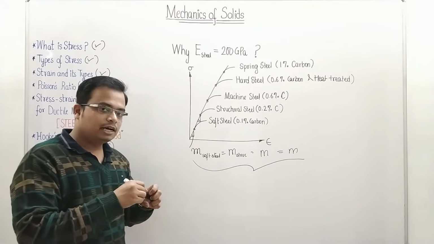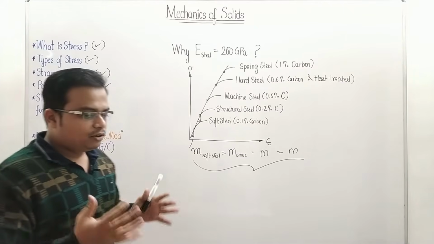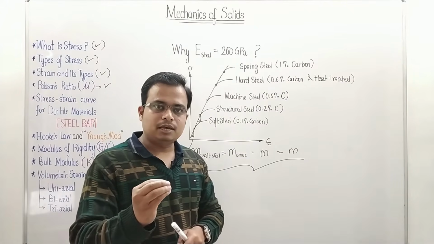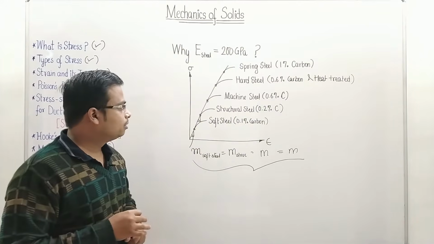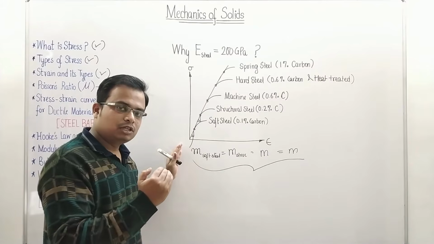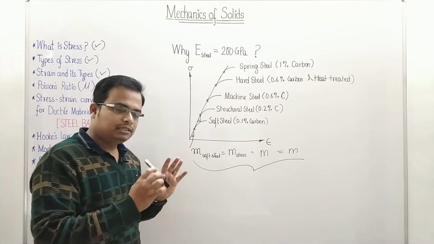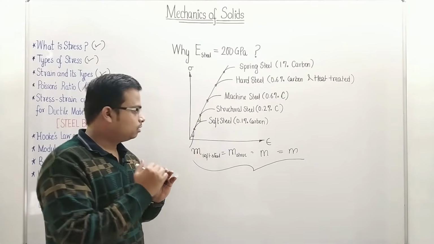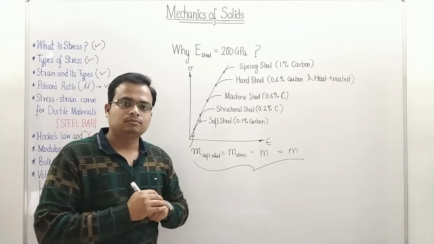So this question might be asked to you by some of the mechanical engineers in universities. Why do different varieties of steel have the same Young's modulus? The reason is very clear: before the proportional limit there is a linear relationship between stress and strain, and the slope before the proportional limit for all of them is the same.